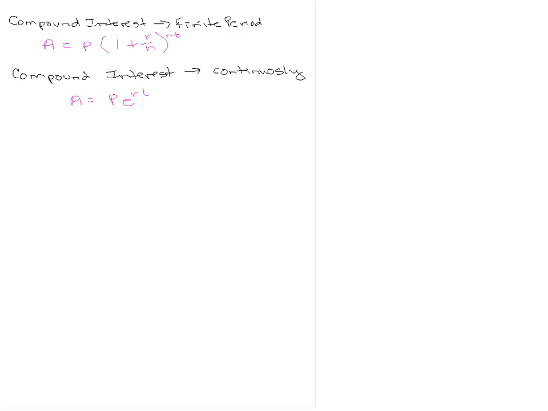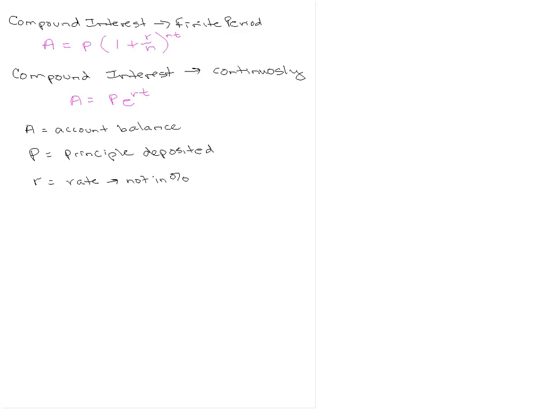Now, with that said, A means the account balance. P is the principal deposited, how much you put in. R is the rate that you're earning, but it has to be not in percentage.